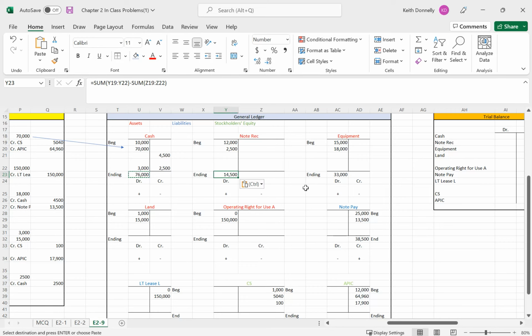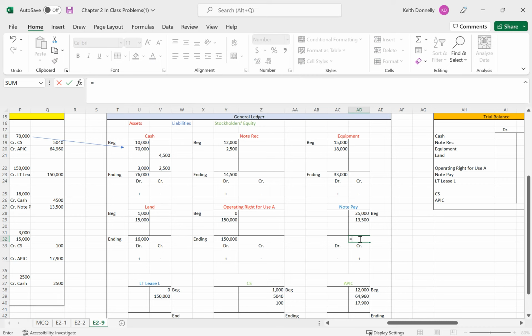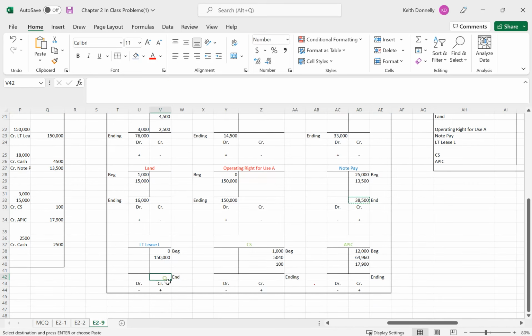You could just copy and paste that formula through for your assets. If, however, you were doing your liabilities, right, you'd have to do the sum of this column minus the sum of that column, 38.5. So I'm just copying and pasting the formula.